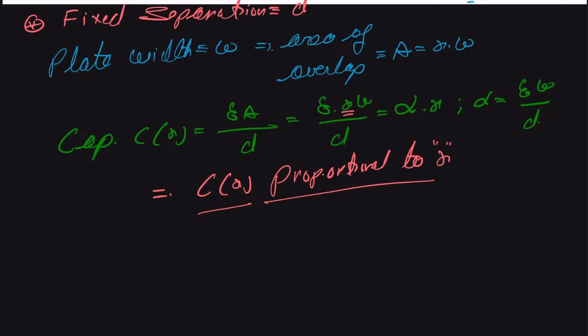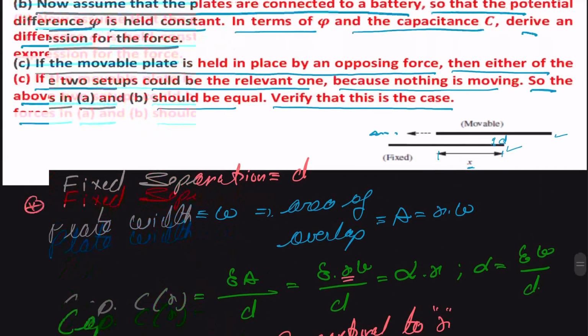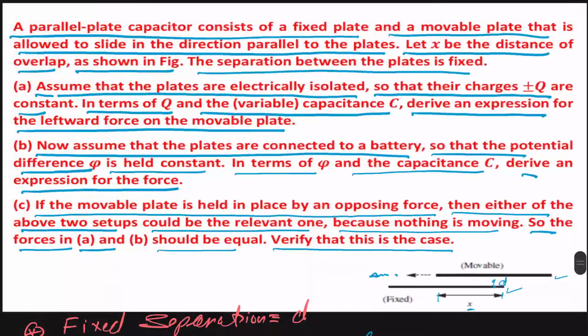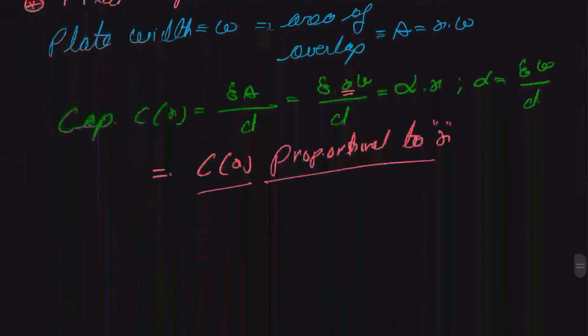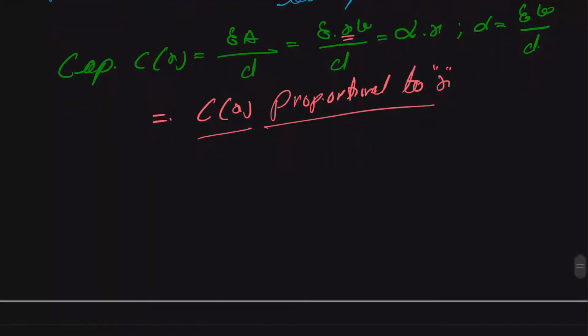Next, we are supposed to find out the part A. It is given that they are electrically isolated, and it is having a charge Q. So if it is electrically isolated, the charge is going to remain same. It's not going to change.